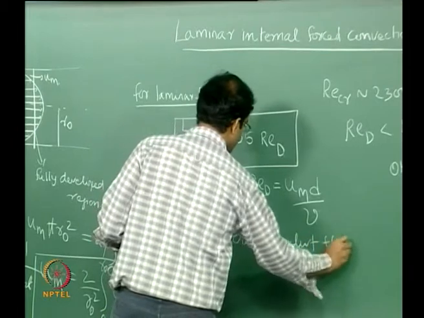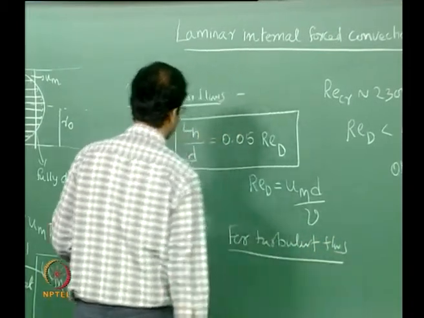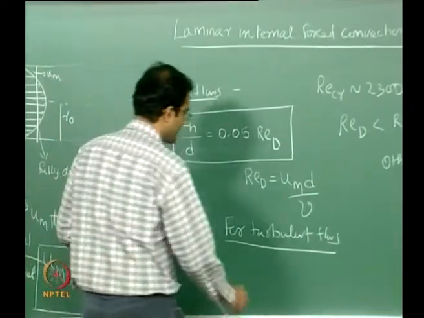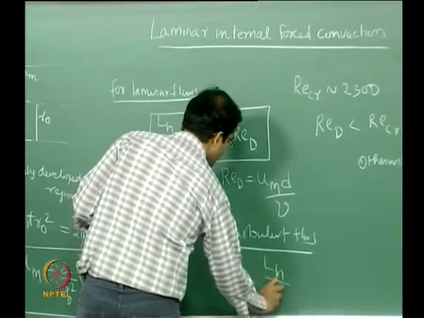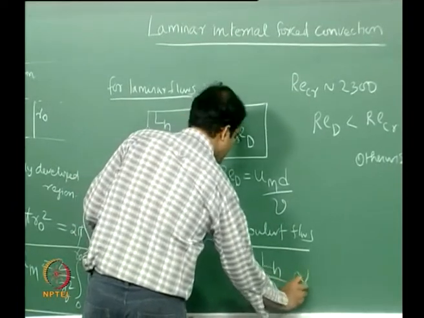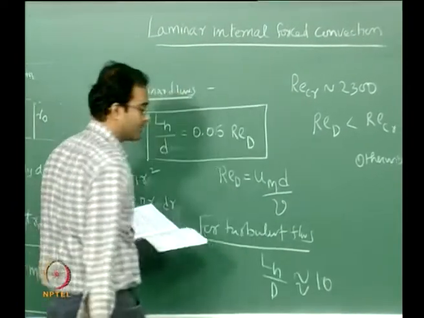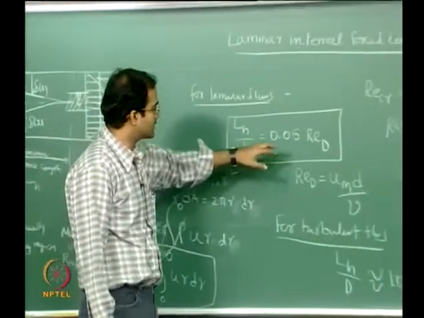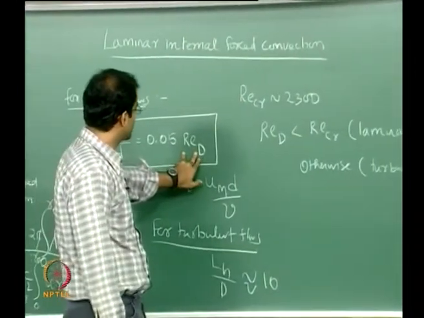And for turbulent flows, interestingly, what happens? The entry length ceases to be a function of Reynolds number. The non-dimensionalized entry length comes out to be approximately 10. So imagine that you have a Reynolds number of, say, 3000.